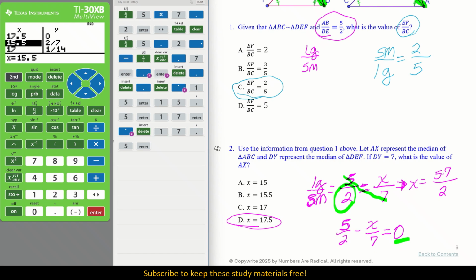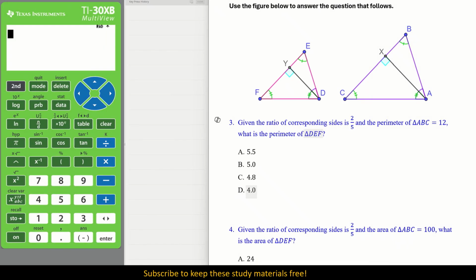All right, so let's go to number 3. Number 3, given the ratio of corresponding sides is 2 to 5 and the perimeter of ABC is 12, what is the perimeter of triangle DEF? Okay, we're still working with the same triangles and the fact that they're similar. And we knew from the other questions that DE is 2 and AB would be 5. Okay? So first I want to note that we're talking about perimeter.